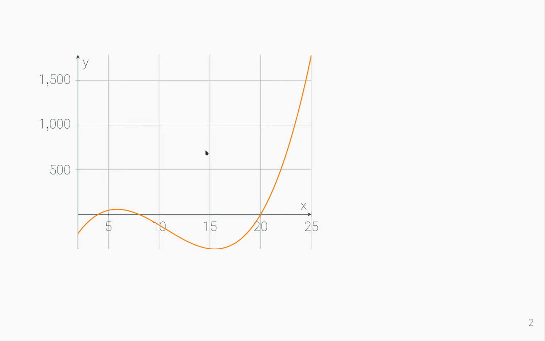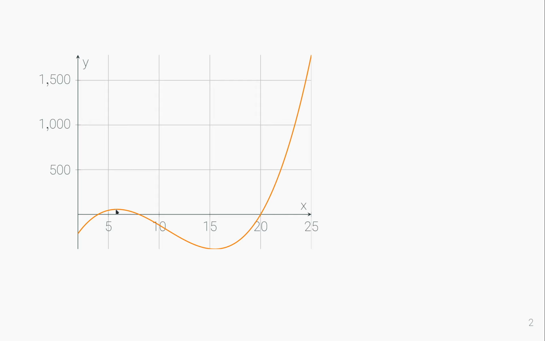Now another cubic equation, if you look at this cubic equation, it is x minus 3 into x minus 6 into x minus 20. So it has 3 roots at 3 and 6 and 20. So you see, it will change sign.